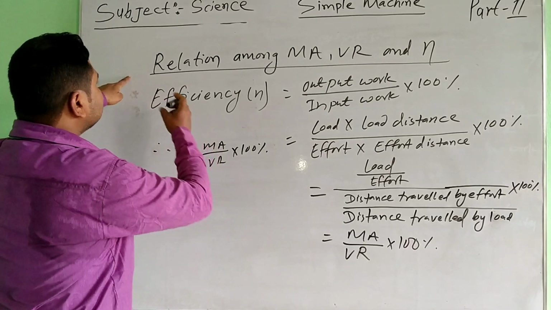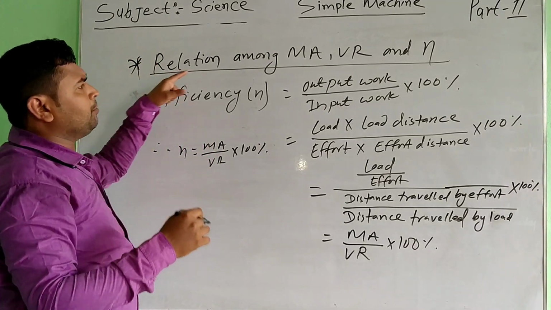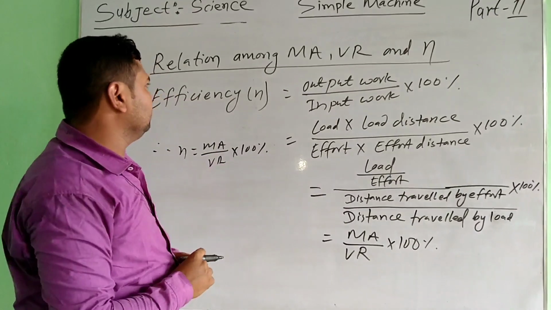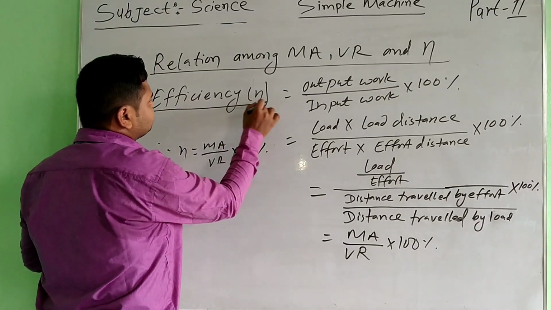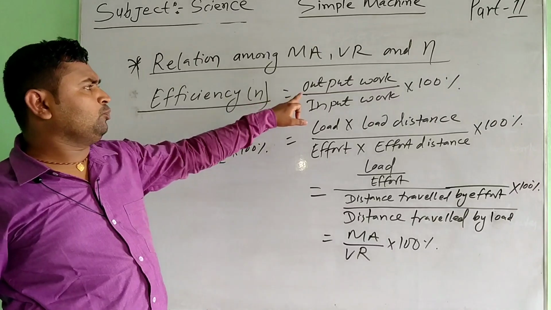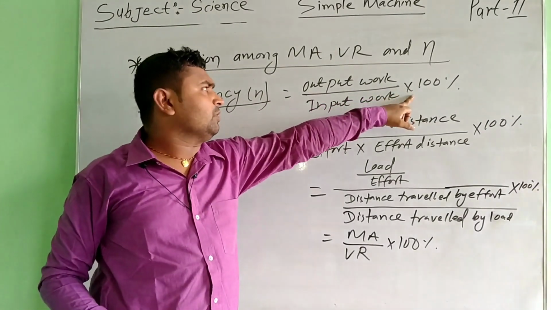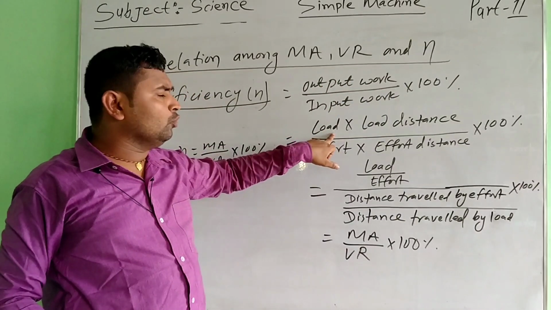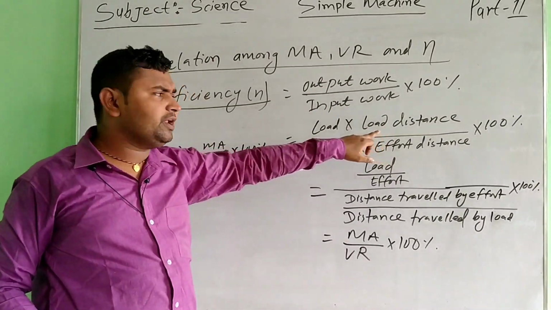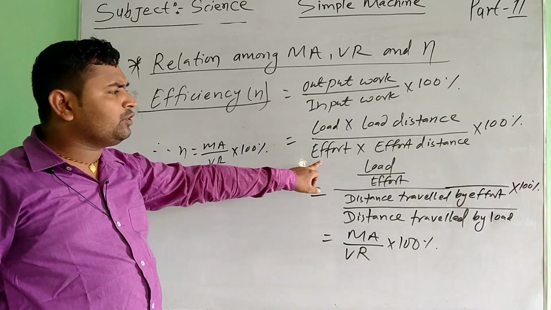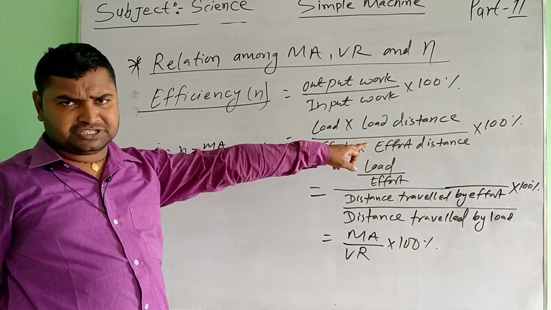Now, what is the relation among MA, VR and efficiency? As you know, efficiency is output work by input work into 100%. Output work means load into load distance, and input work is effort into effort distance, into 100%.